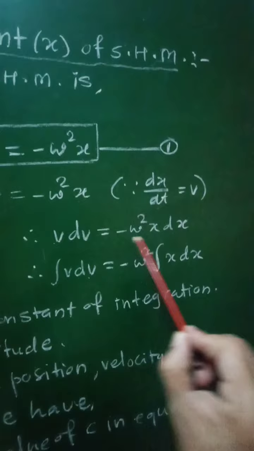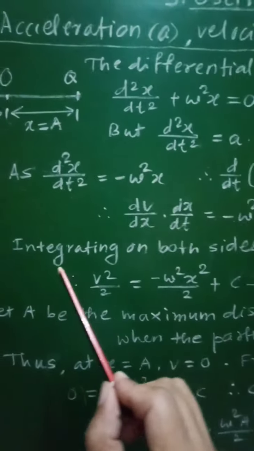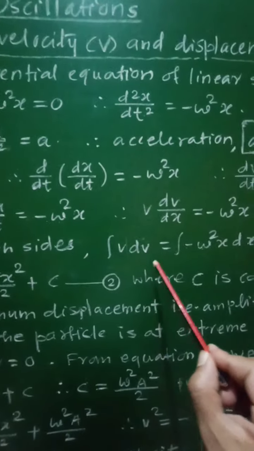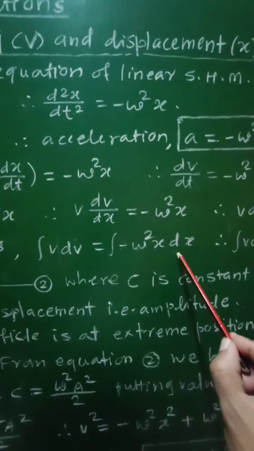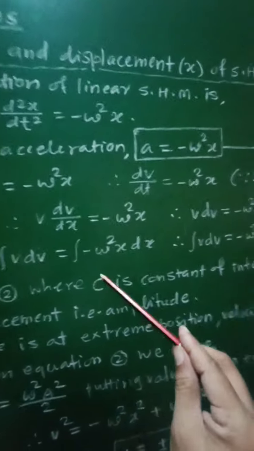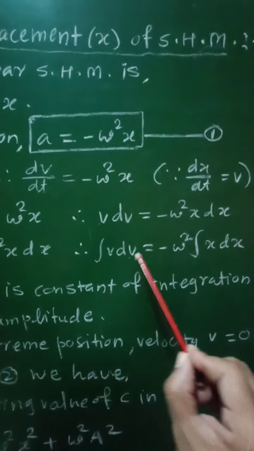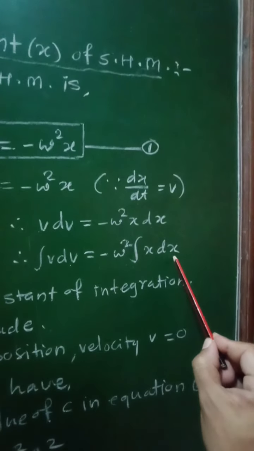Now we have to integrate this equation on both sides, and therefore integrating on both sides we will get integration v dv equal to integration minus omega square x dx. This minus omega square will be taken out of the integration as it is constant, and therefore integration v dv will be equal to minus omega square integration x dx.